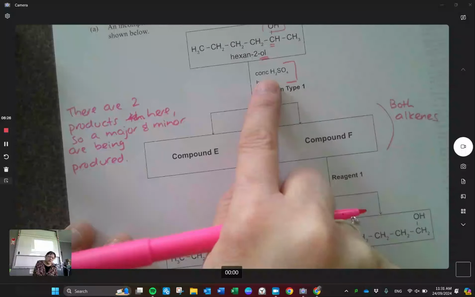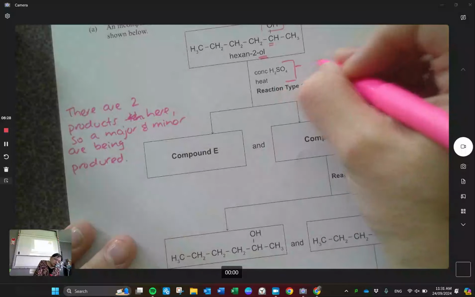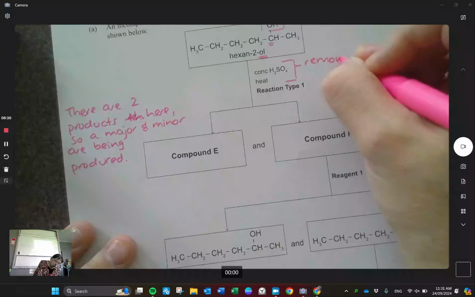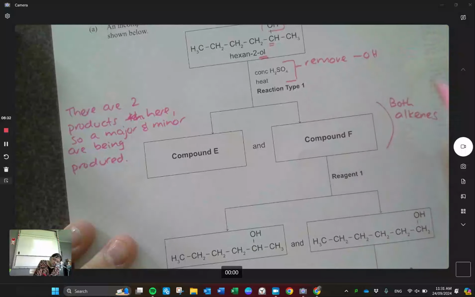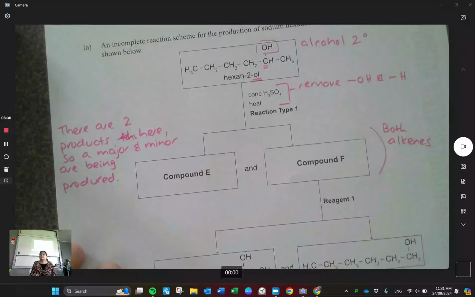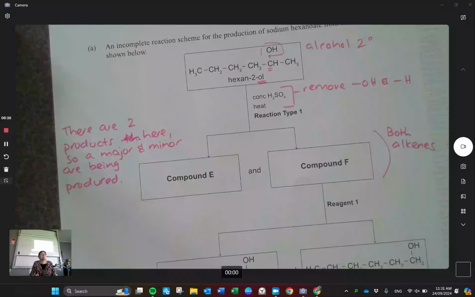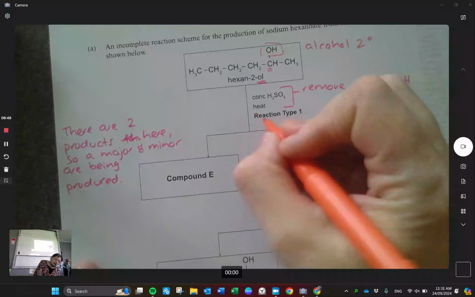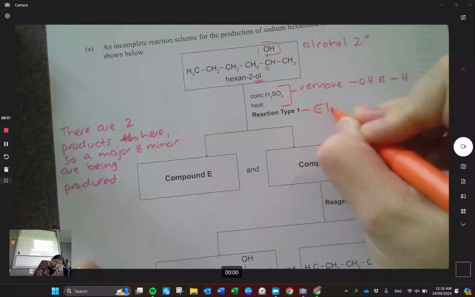And we know that concentrated sulfuric acid is used to remove an OH and a hydrogen. So if I'm removing it, what type of reaction is it? Is it addition, elimination, or substitution? Good. So I already know reaction type number 1, this is elimination.